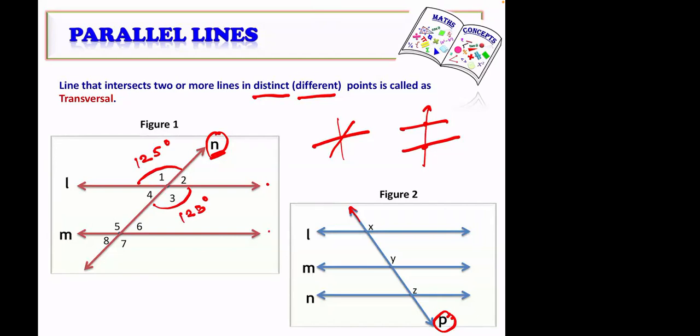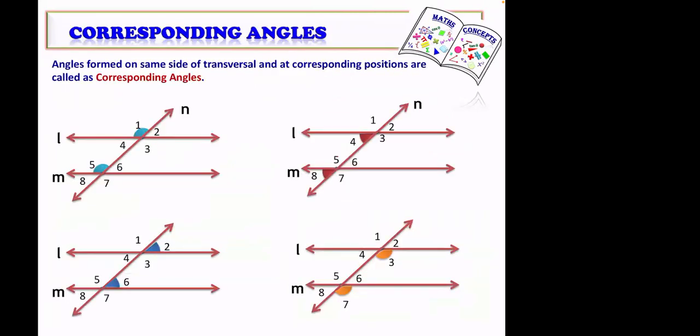So next angles we are going to learn, second ones are corresponding angles. What are corresponding angles? Angles formed on the same side of the transversal. Here you can see in the first figure, I have marked angle 1 and angle 5. These both are on the left side of the transversal, right?